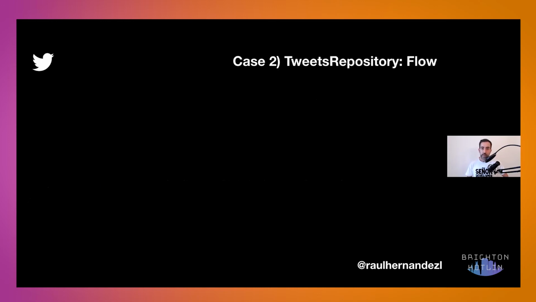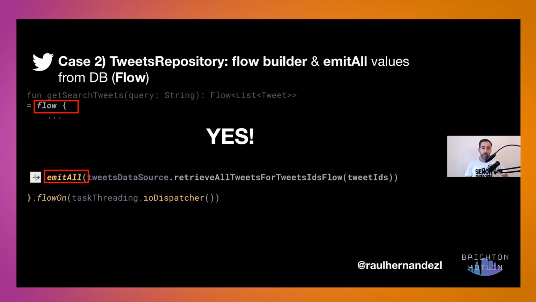Then let's see a different case for the flow. Let's say we have a flow builder that is going to emit different values. If we have the emitAll operator, that's going to work, because this one is going to emit all the values that the DB has observed, and all the values from this open stream.